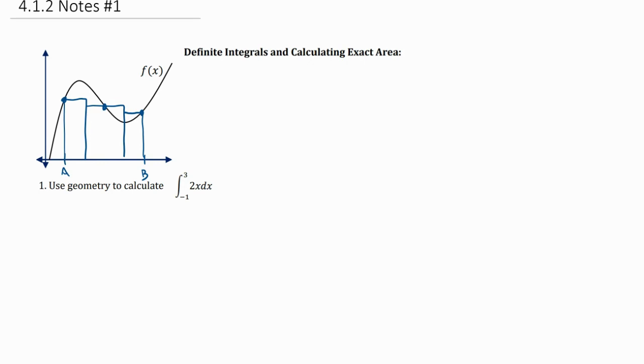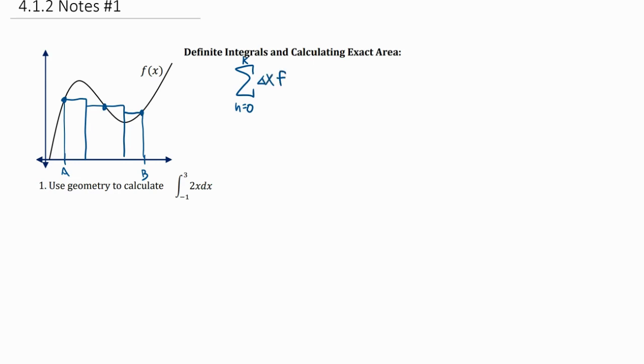So in our Riemann sum, we're going to go ahead and start with n equals 0. And we're going to have k number of rectangles. The width of each rectangle, of course, is our delta x.